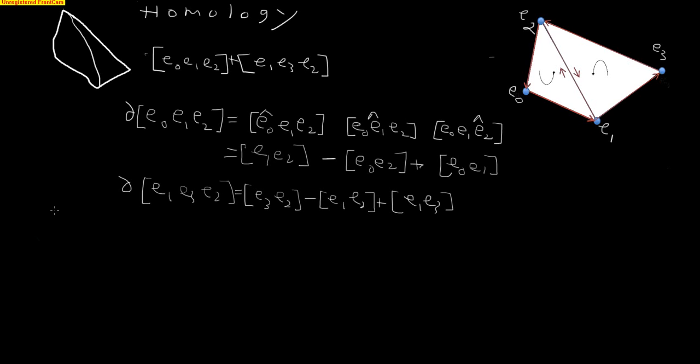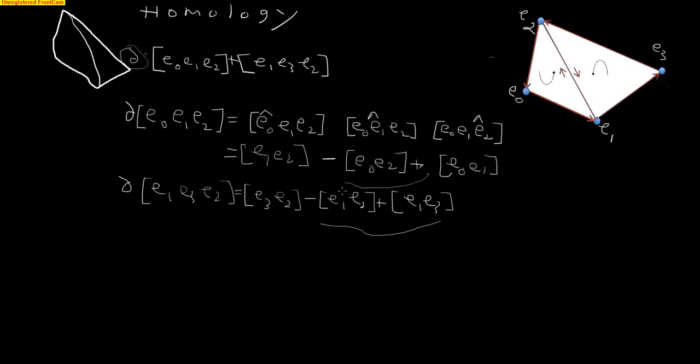Well, what about the boundary of the whole thing? The boundary of the whole thing is the sum of these two boundaries. So if you put a delta here, the delta of the sum is going to be the sum of these deltas, and so it would be the sum of this plus that.